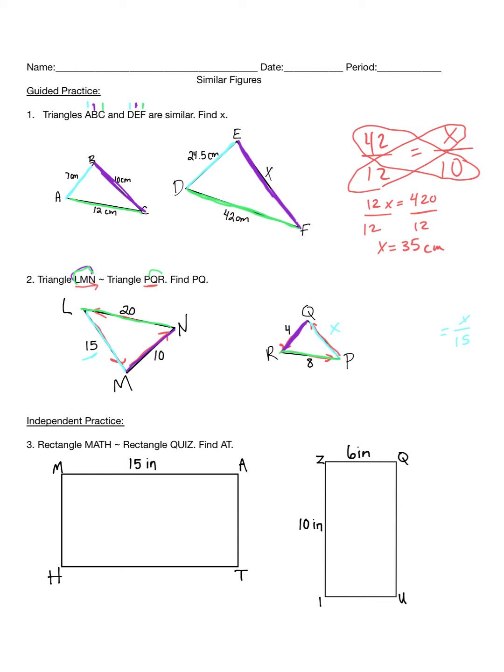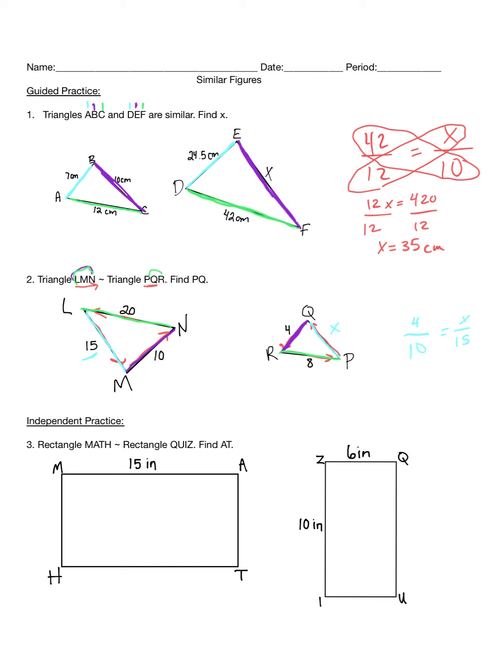So let's say 4 is purple, 10 is purple. We did the small X came from the small triangle. We did that on top, so we need to make sure to keep the small one on top on this next side. So we said we do the purple one. That's going to be 4 over the similar angle, or the similar line segment would be 10.